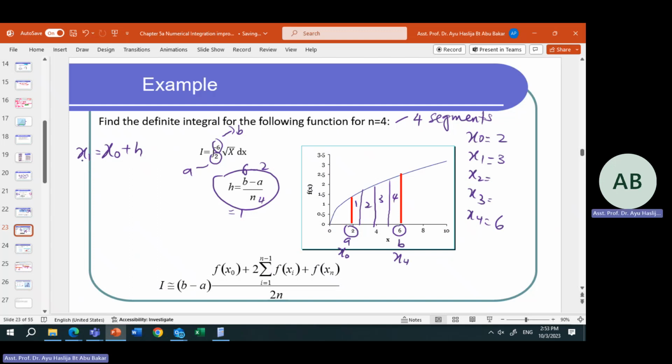So x1, that's how you get 3. 2 plus 1 equals 3. Because we want to find the next point. Step size is the h, okay?